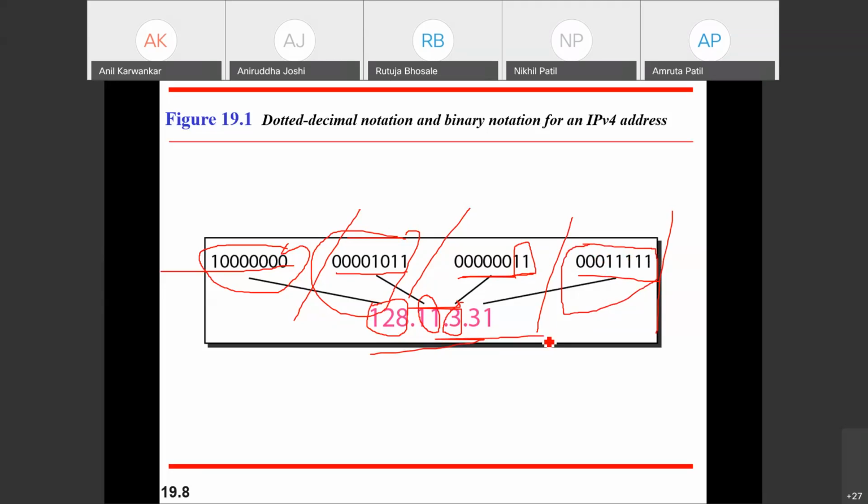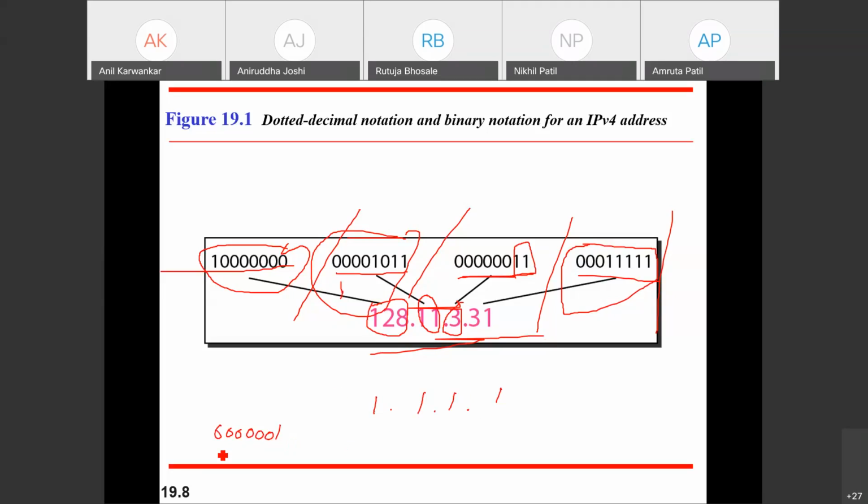Once again, I will tell you the dotted decimal formation. I will take another example. Suppose I am having the dotted decimal representation as 1.1.1.1. So it will be 0 0 0 0 0 0 0 1.